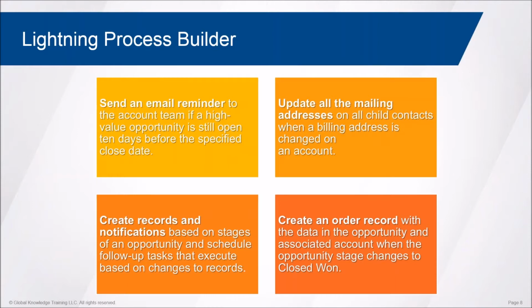Rather than having that sales professional or somebody from our sales operations team go in and manually create that order information, the Lightning Process Builder helps us automate the creation of that order record. It can take data from the account, and it can take data from the opportunity, or in other words, from that device we use to track that sales professional's ability to sell whatever that product or service was to that customer. We can take information from all those other touch points to effectively create that order record.